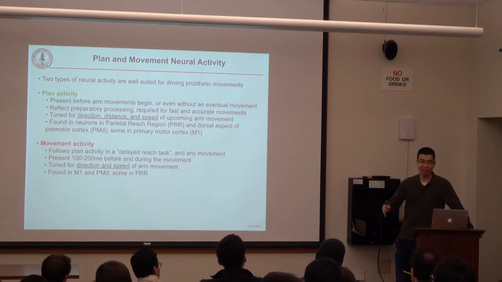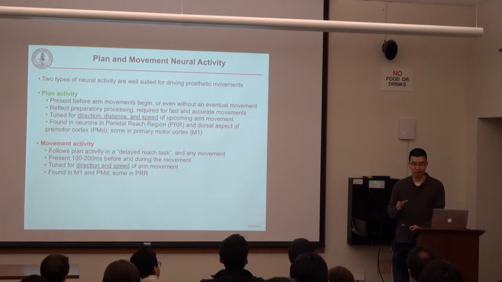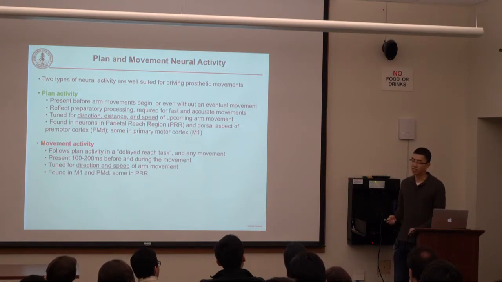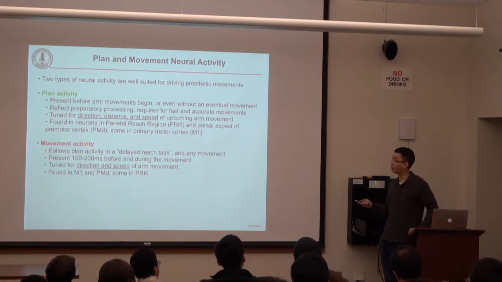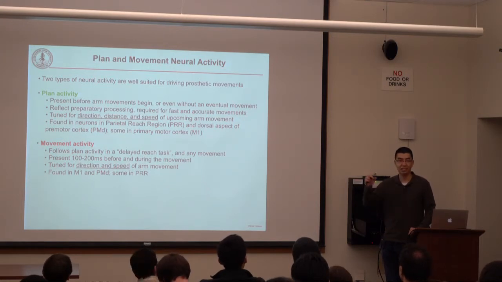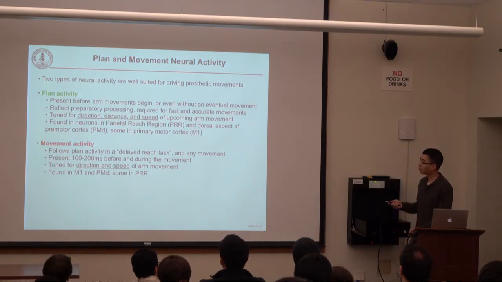If I just start hacking my arm at it without planning where it's going to be, or if I'm reaching for a cup and I don't plan for how my arm should slow down when I reach towards that cup, then I'm going to do a poor job. So planning is the activity where we desire to execute some reach with some precision, with some speed, with some distance, with some direction.